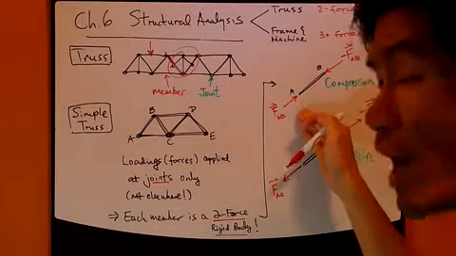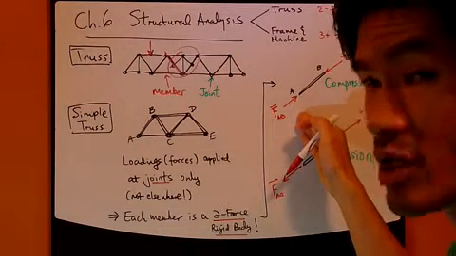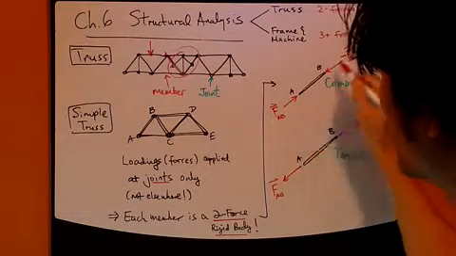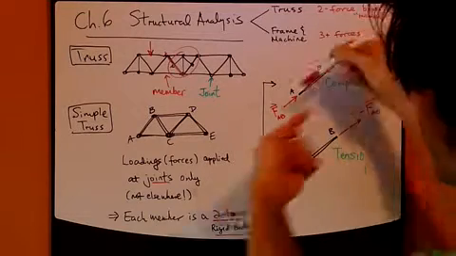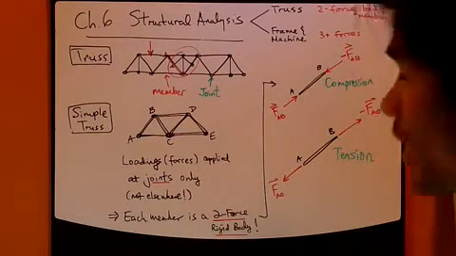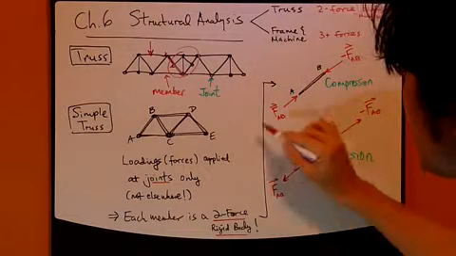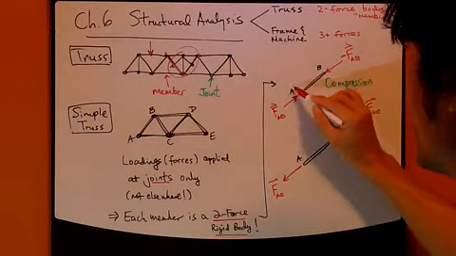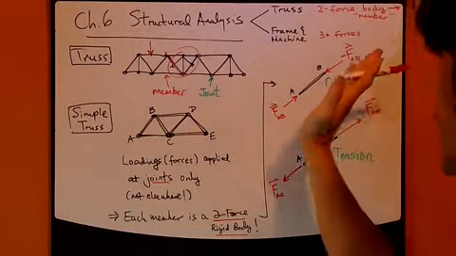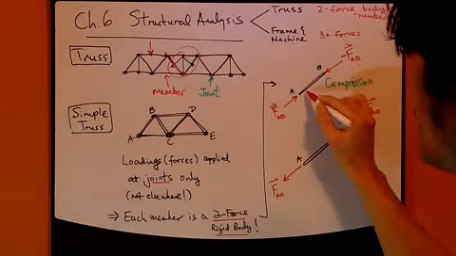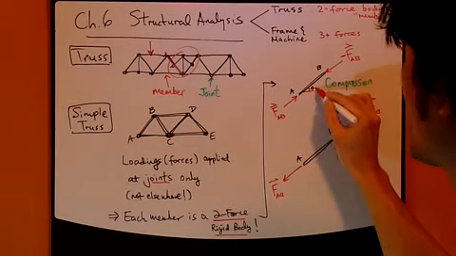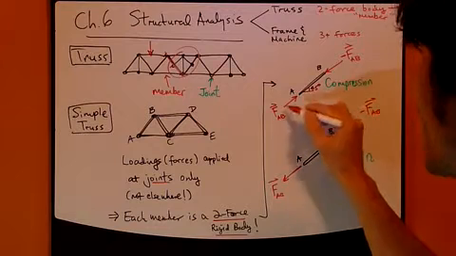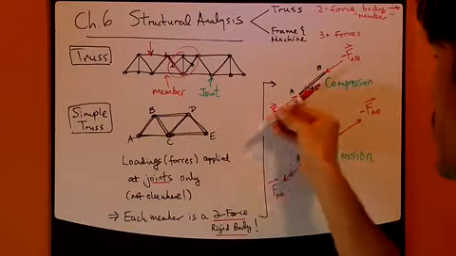and the requirement for a two-force rigid body is that these two forces must be acting along the same line of action. Which means that they have to be pointing along the same direction as this AB member is oriented. If this AB is, let's say, at a 45-degree angle, then F_AB must also be at a 45-degree angle.